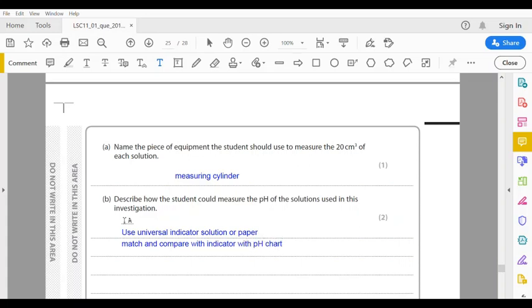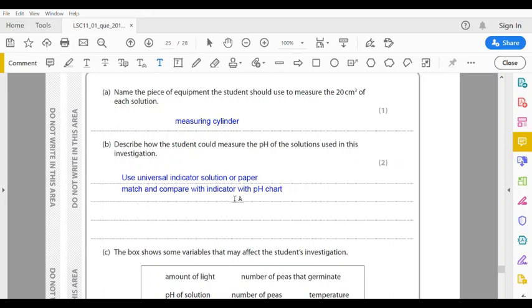For each of these colors there is a pH value, so you can match with that to find out the approximate pH value, because they are asking how the student could measure the pH.